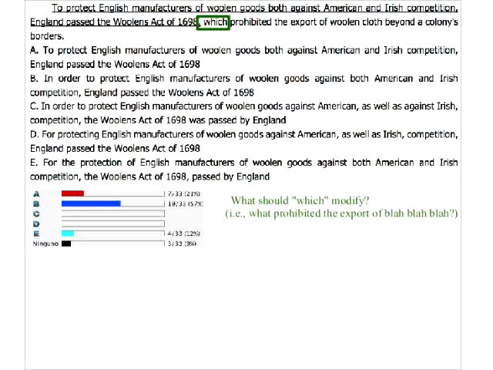So what prohibited the export of blah, blah, blah? This modifier should point to the act. Now note that the Woolens Act of 1698 is actually a unit. So it's fine to jump that "of 1698."